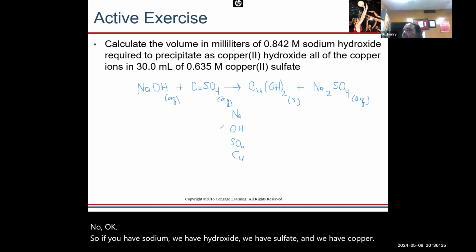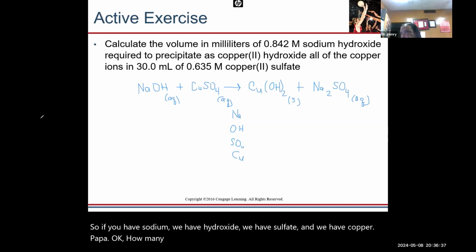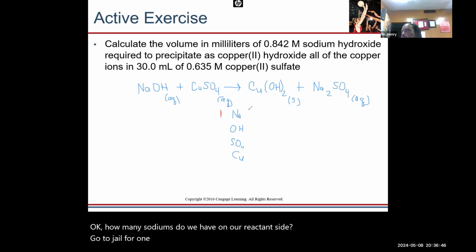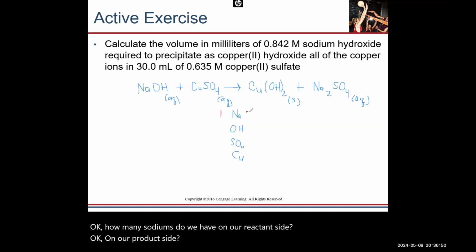How many sodiums do we have on our reactant side? Reactants, we have one. On our product side, products, we have two. Hydroxides: on our reactant side, one, on our product side, two.